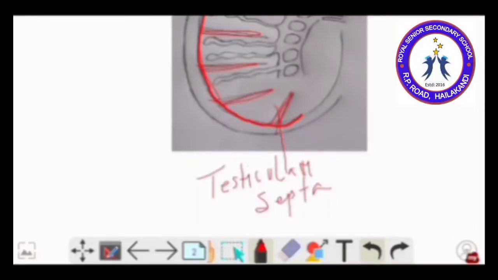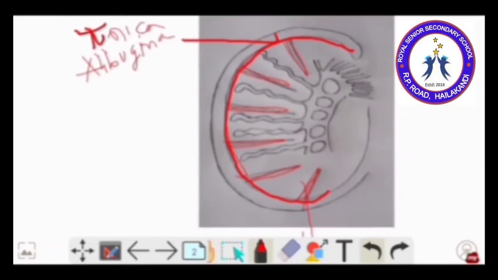Now from the outer side of the tunica albuginea, there is another layer. Here you can see outside of the tunica albuginea is another layer, known as tunica vaginalis.